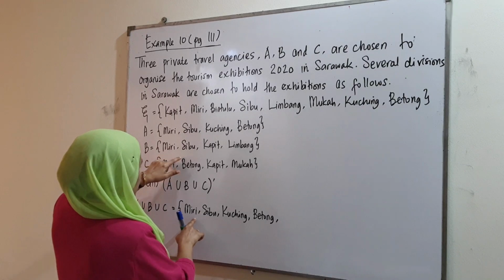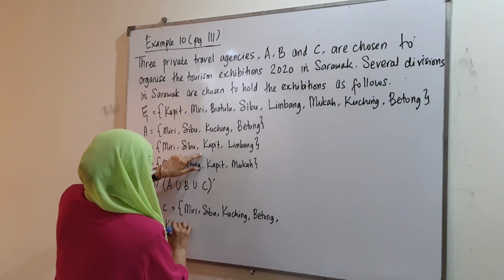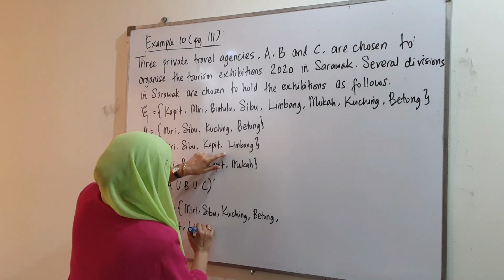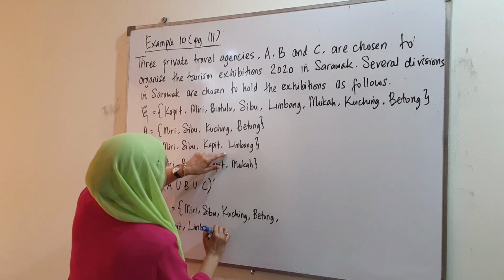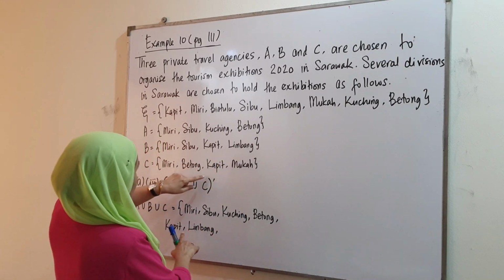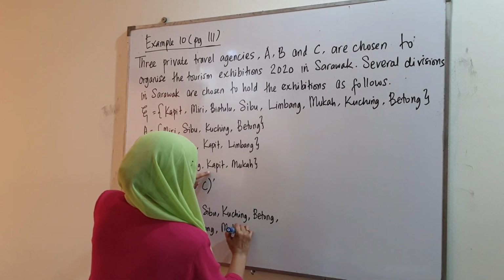Then Miri has, Sibu has, Kapit, Limbang. Then Miri has, Betong has, Kapit has, Muka doesn't have, Muka.